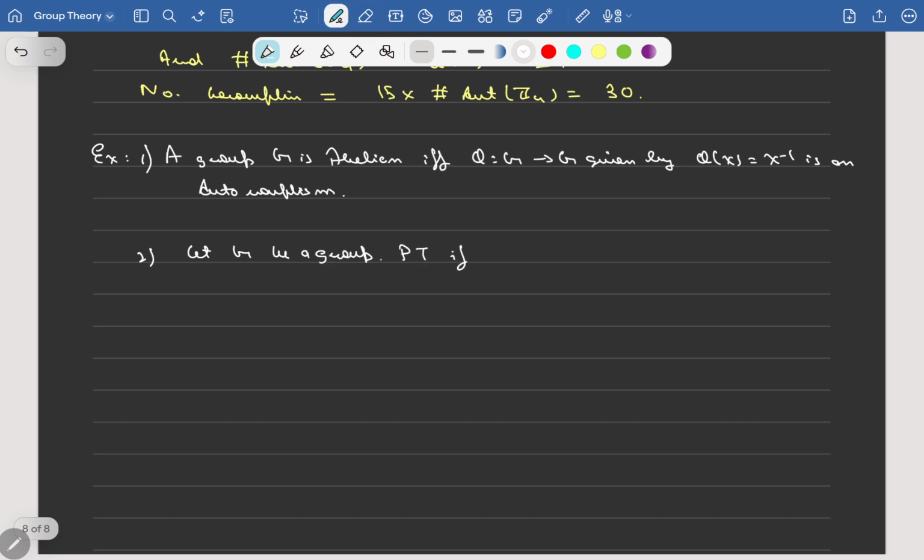Prove that if the order of G is greater than 2, then G admits a non-trivial automorphism.